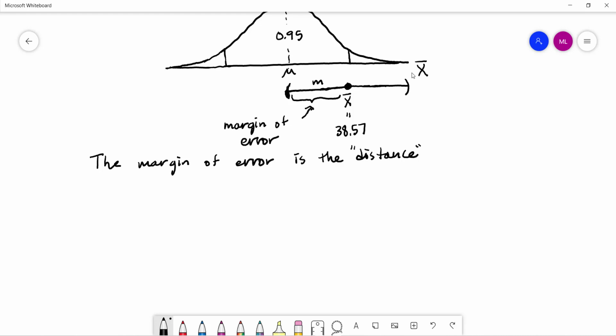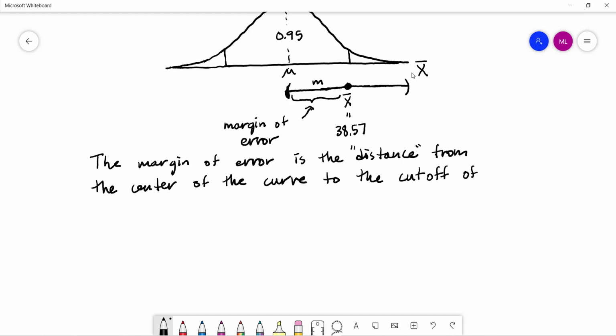But it's the distance, visually at least, from the center of the curve to the cutoff of the 95% of most common values. And again, if we change it to a 99% confidence interval, we'd change the 95 to a 99. Or if we only cared about a 90% confidence interval, we could change this number to 90%.